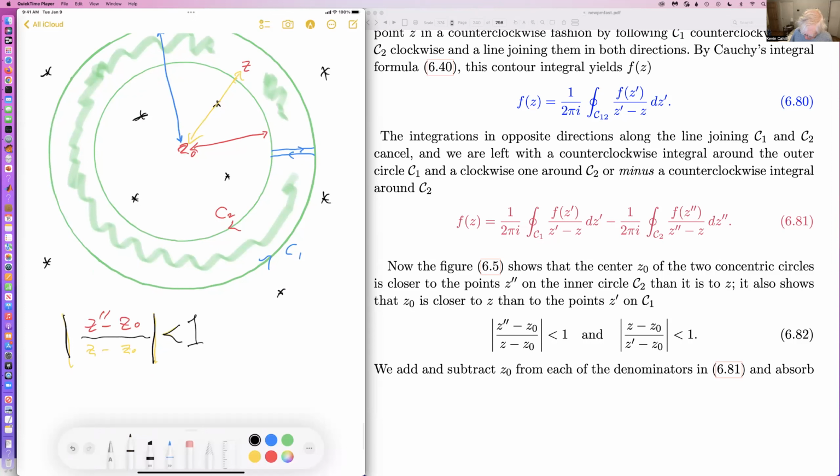And what we also have is that z minus z0, which again is yellow, is less than z prime minus z0, where z prime is on the outer circle, and so that's blue.